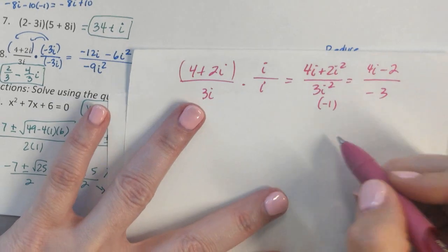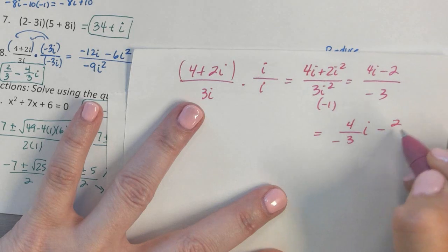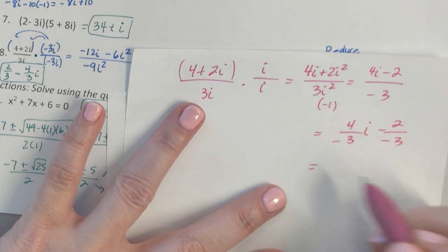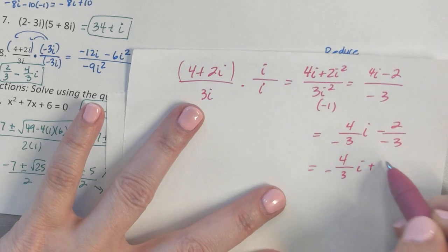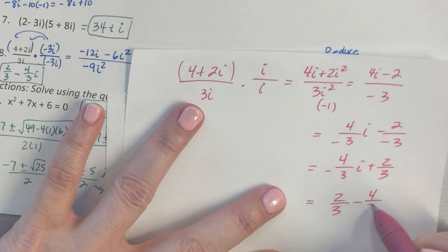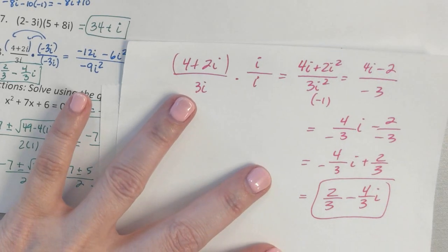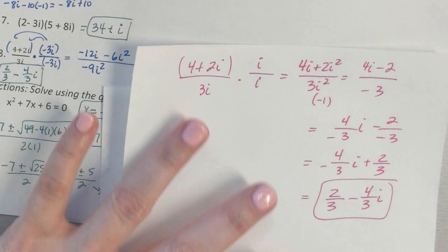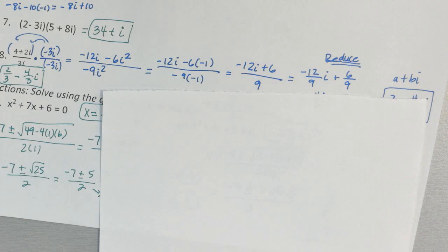And then when you split this up, it'd be 4i over negative 3, negative 2 over negative 3. And then you would just have to rewrite it. So this is still a negative. This would be a positive. And then write it in the proper form. But you could do it like that. Yeah, the only benefit would be not reducing, but you still have to deal with those negatives.